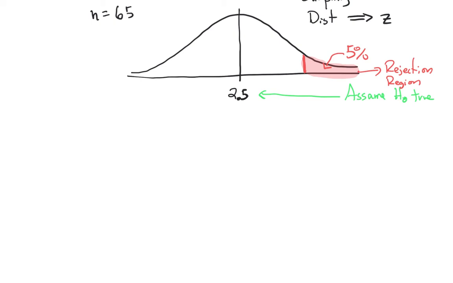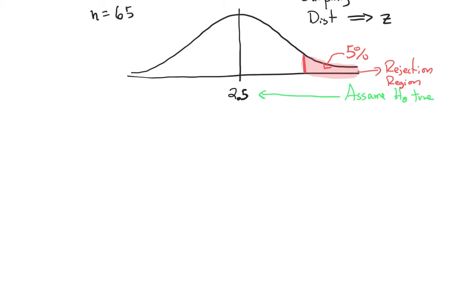Since only the largest 5% end up in the rejection region, we're going to say anything that's too extreme here is going to be evidence that the null hypothesis isn't true, because there's only a 5% chance to be this extreme. And that 5% chance is our chance of committing a type 1 error. 5% of the time, we are going to be wrong.